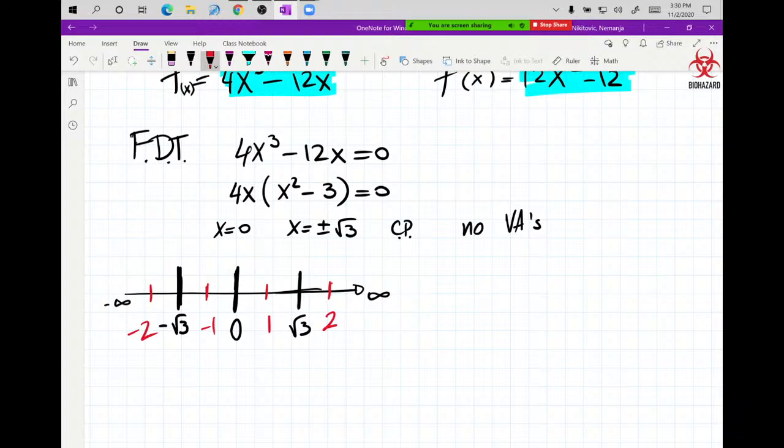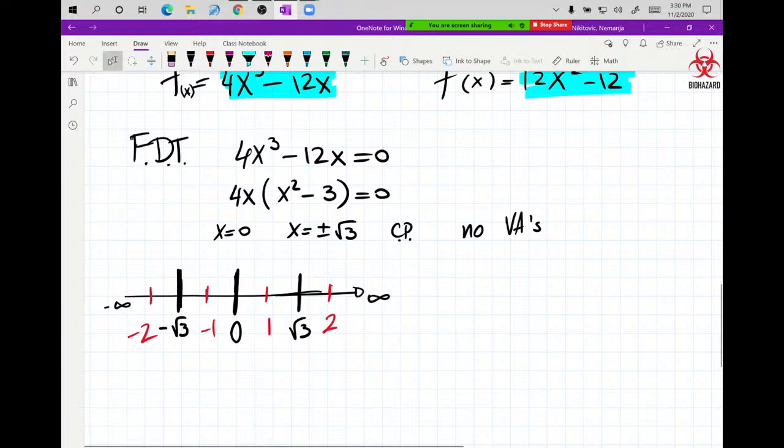So now we have 4 regions, which means we have to test 4 values in the first derivative test, right? So we start with the first derivative, plug in -2.